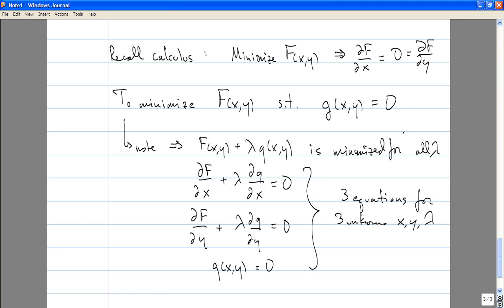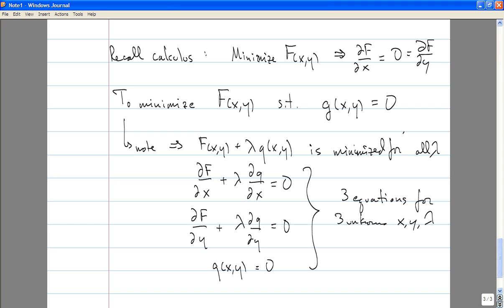So just to summarize, if I wish to minimize f subject to a constraint, then I have two alternatives. The first thing I could do is invert the constraint and write, for example, y as a function of x, plug that into my expression for f, and write f as a function only of x, and then take the derivative of f with respect to x and set it to 0. But it could be that g is a very complicated function which has no explicit inverse.